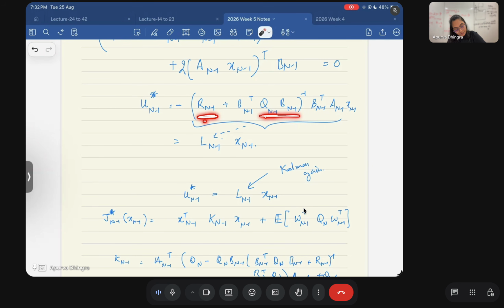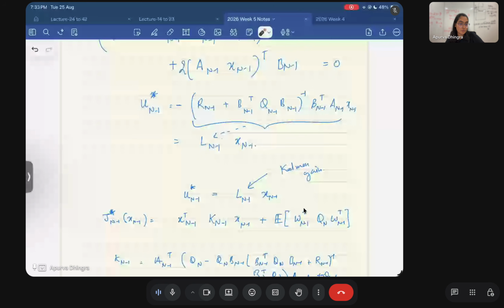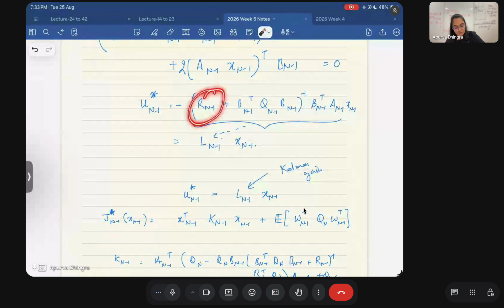If this was also positive semi-definite, we would not be able to guarantee invertibility. Meaning it could have been possible to get free use, optimal free use, and that's not something we wanted, so this is what came in.